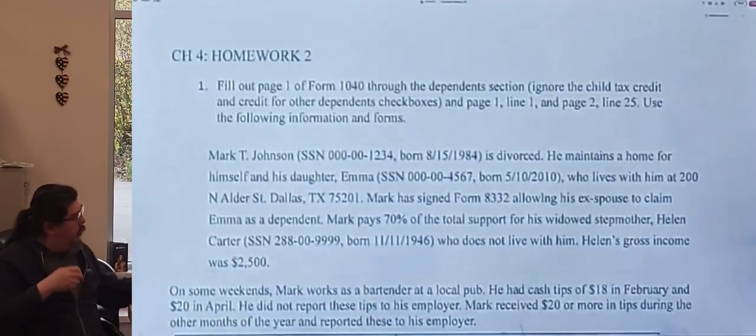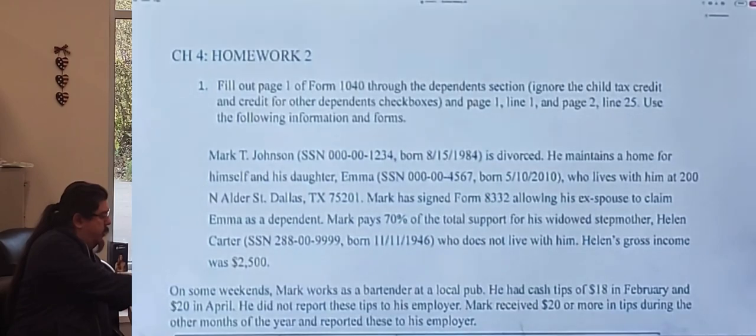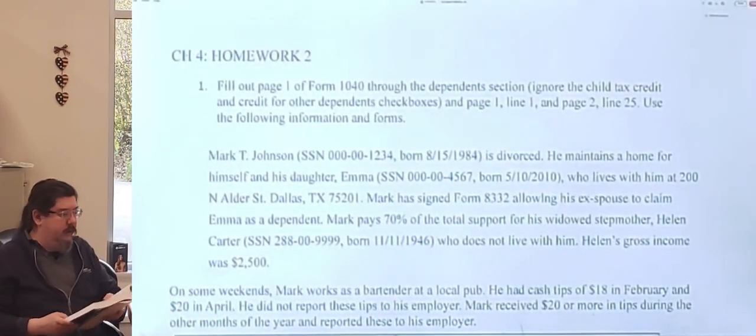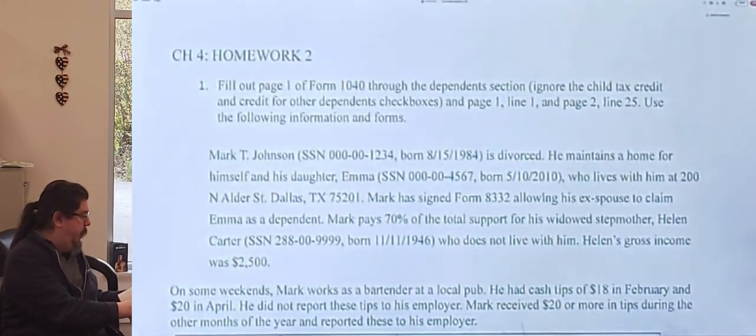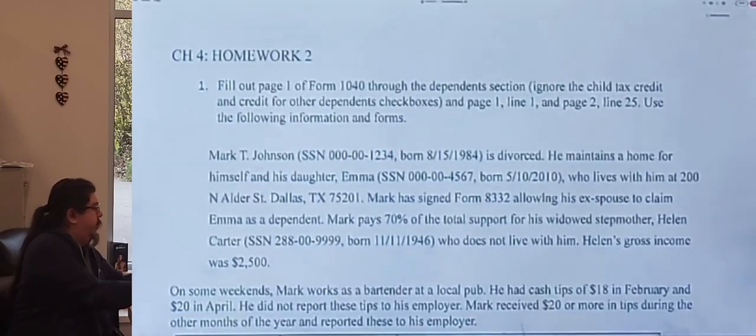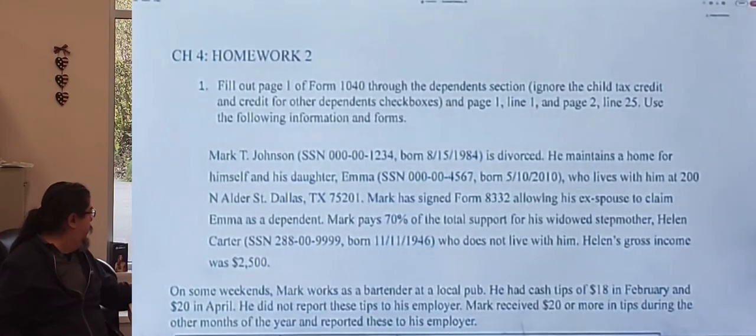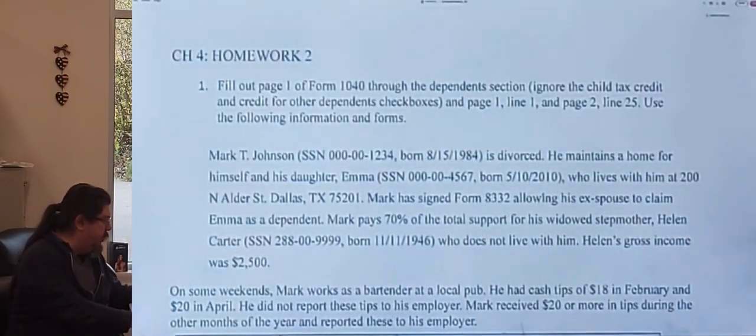Okay, this homework, I encourage you to do yourself as well, because you're going to actually be filling out part of a tax form. But for now, we'll read the scenario. We'll figure out who qualifies as his dependent and what his filing status is. So we have Mark Johnson.